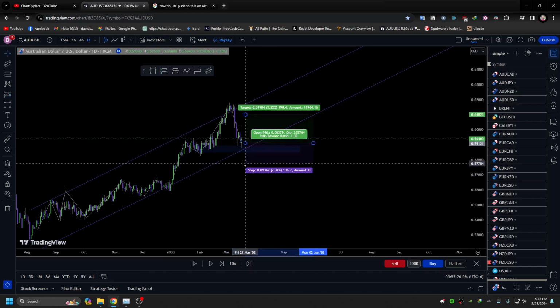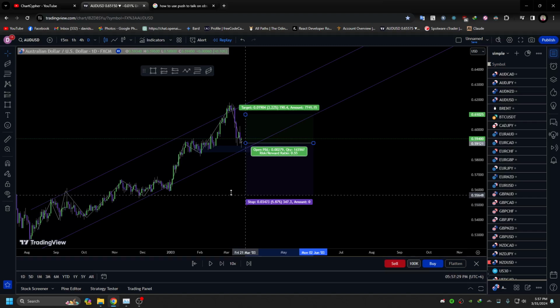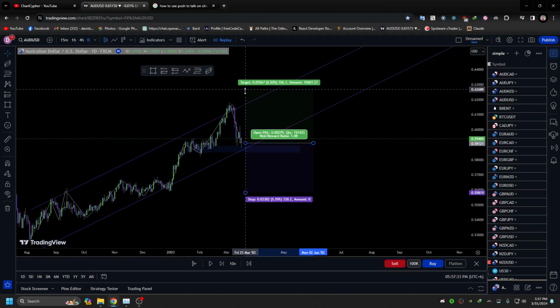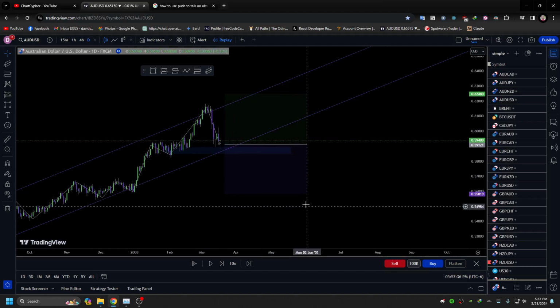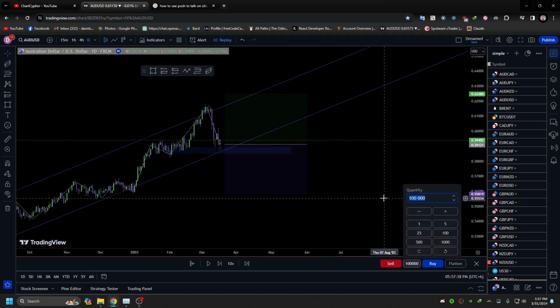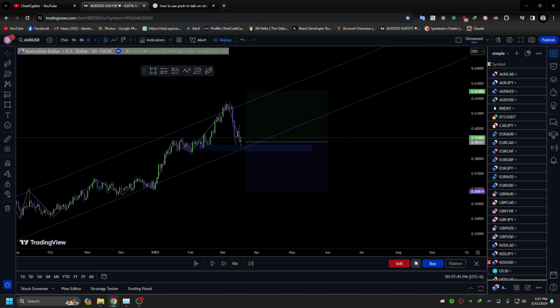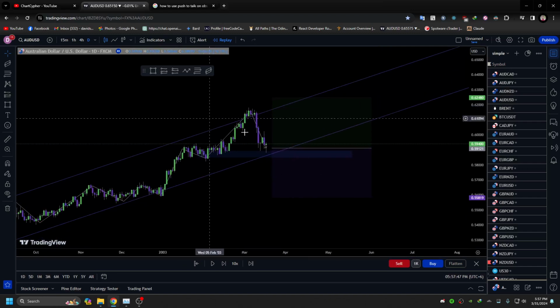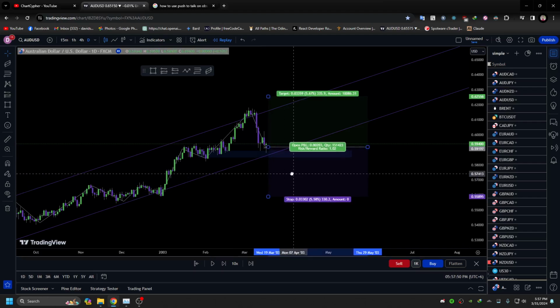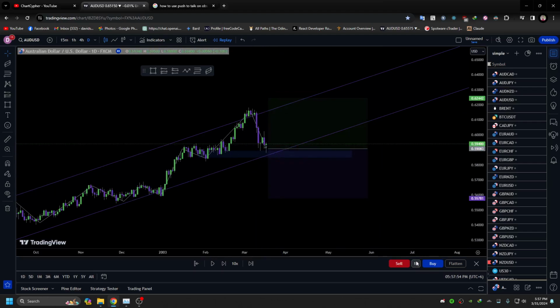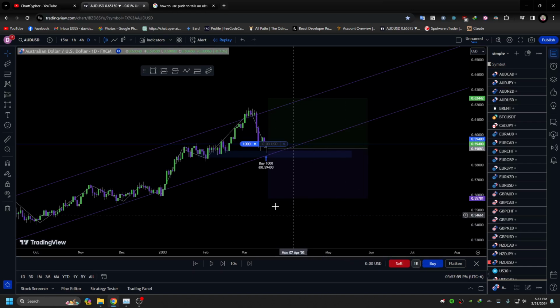Buy right here, and the invalidation zone is right over here. Let's make it 1 to 1. You can add in after that. Let's say you have $1,000 in your trading account, or if you're doing prop trading, whatever you have, then you buy here, right?